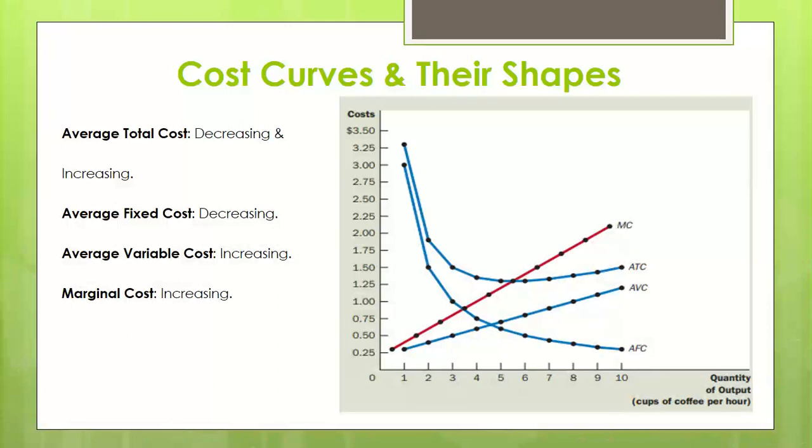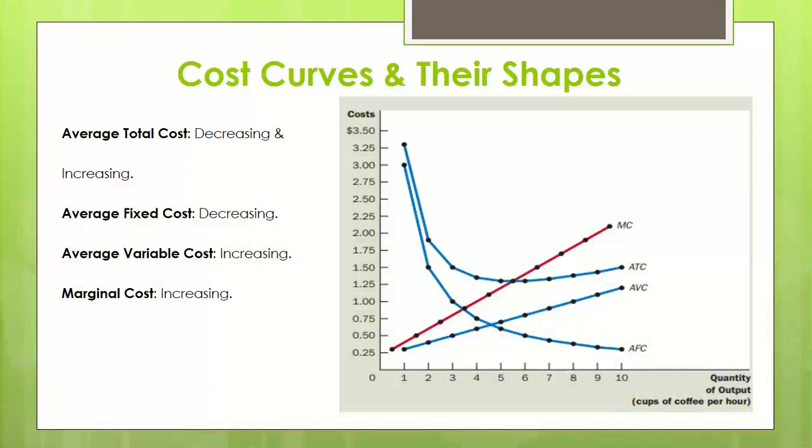Initially, average fixed cost and average variable cost are declining, so average total cost, which is their sum, also tends to decline.